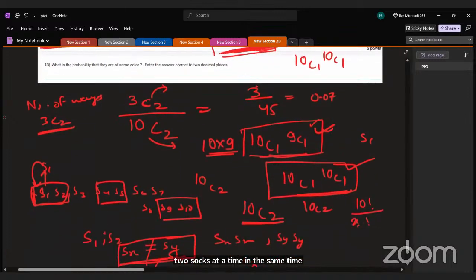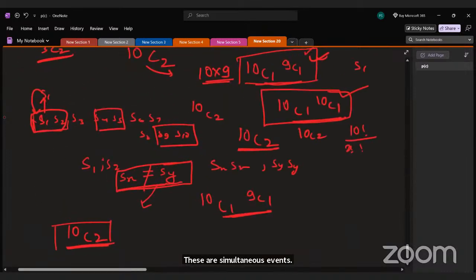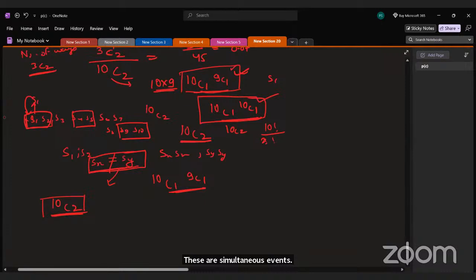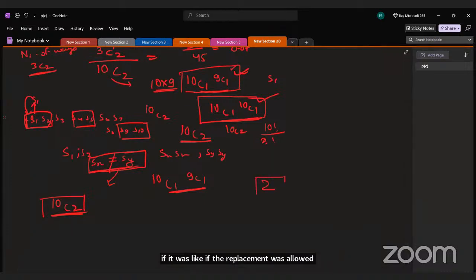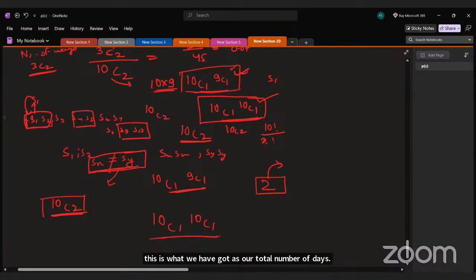Sir, what is the significance of writing without replacement? The significance of writing without replacement is this: if the replacement was allowed, then we can't choose two socks at the same time. If the replacement is allowed, then this is what we get as our total number of ways. What do you mean by replacement is allowed?